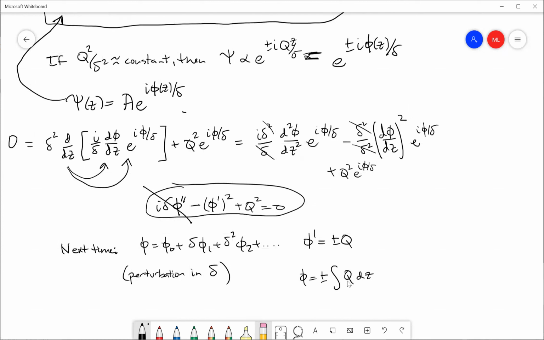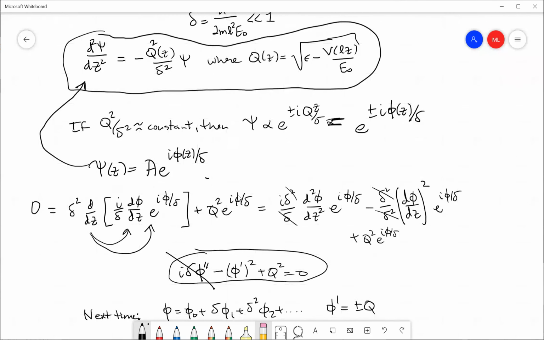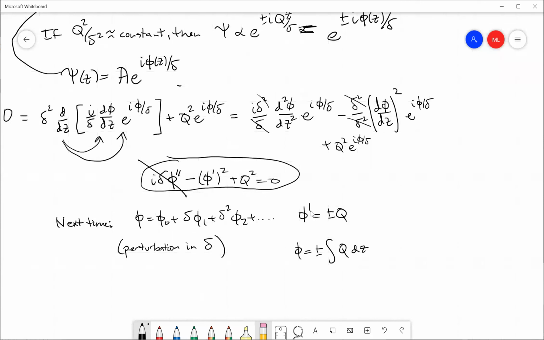The integral of a constant is just the variable, so it would be q times z if this big Q is just a constant. And that makes sense because it has to be Q times Z for what phi is, so that it's consistent. So next time we'll do it systematically, more rigorously, order by order in delta, and see what happens.